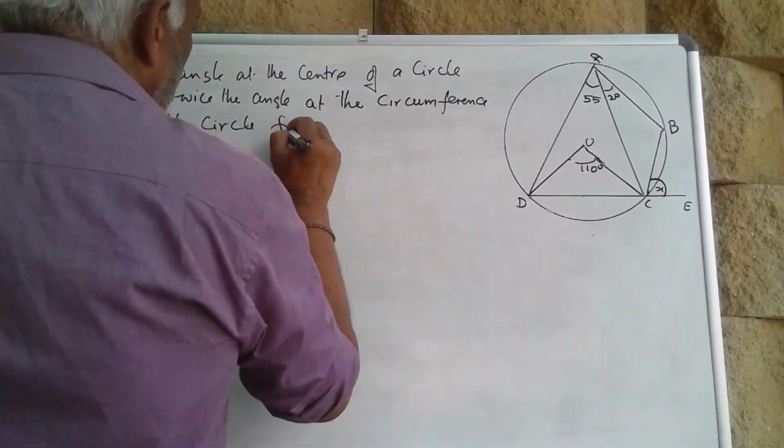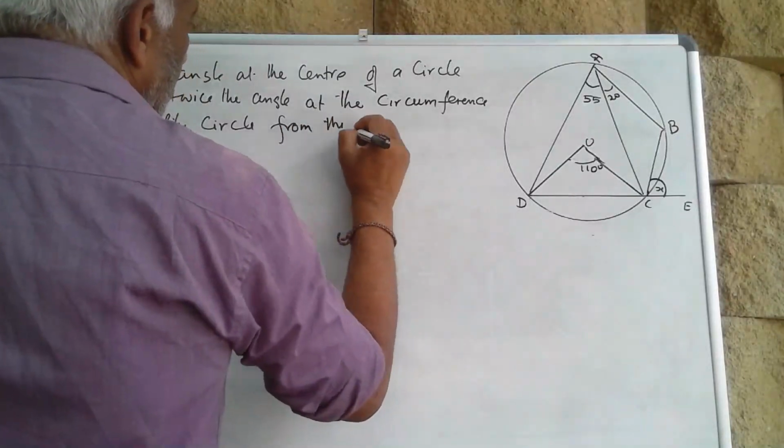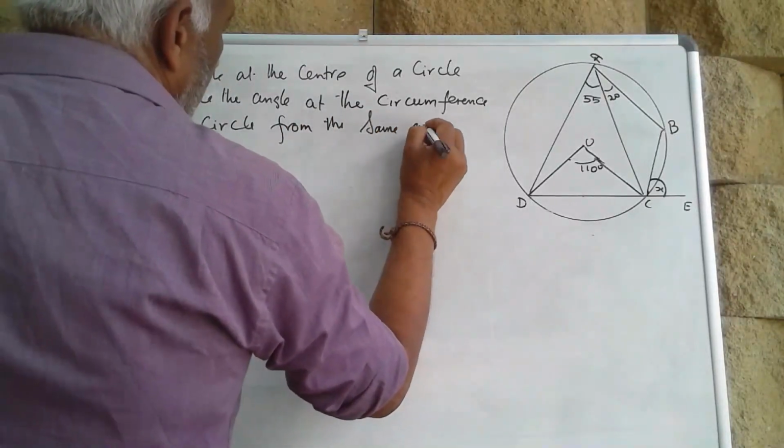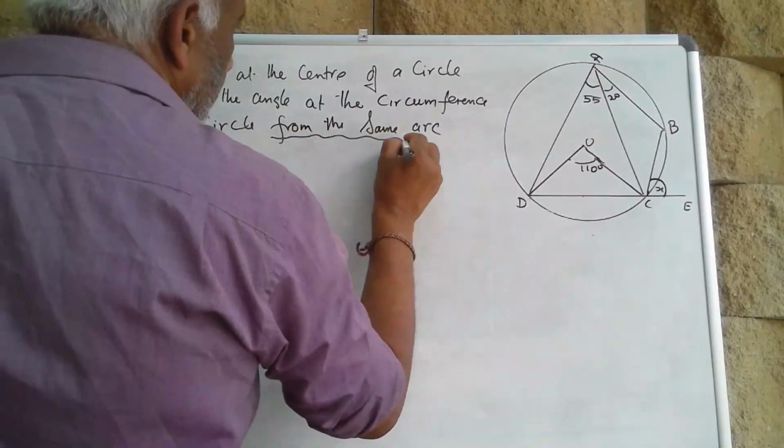That's the important word: from the same arc. This is very important. Therefore, that's 55 degrees.